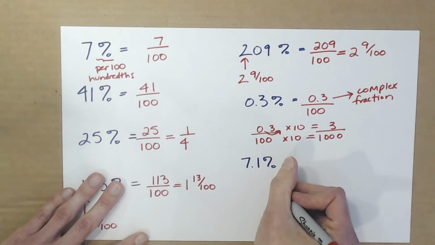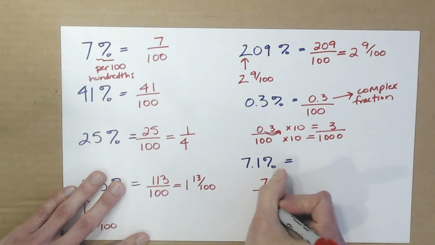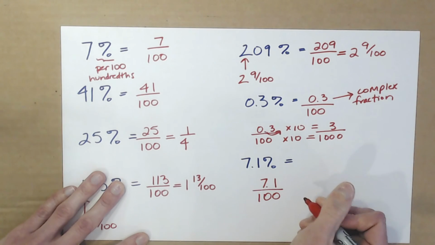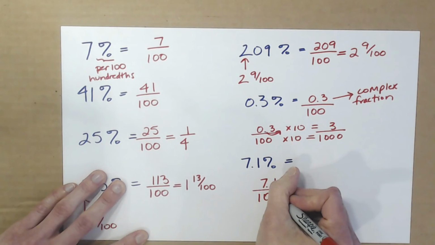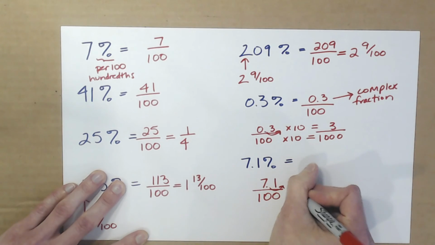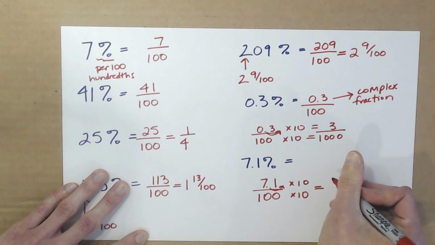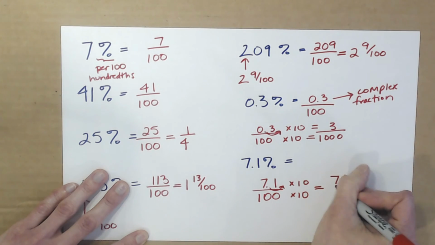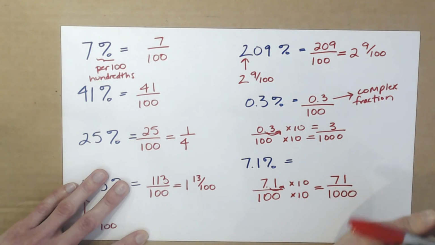And this last one, 7.1%, we would do the same thing. Think of it as over 100, and then think that you don't want a decimal in your numerator, so you'd be multiplying numerator and denominator by 10. The numerator now becomes 71, and the denominator becomes 1000.